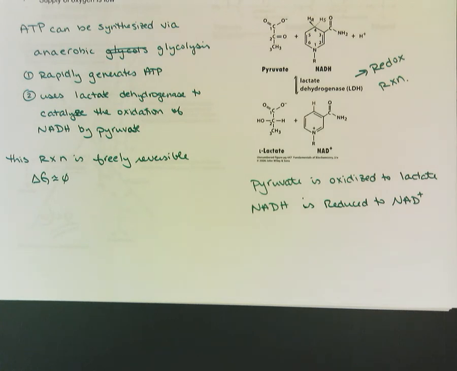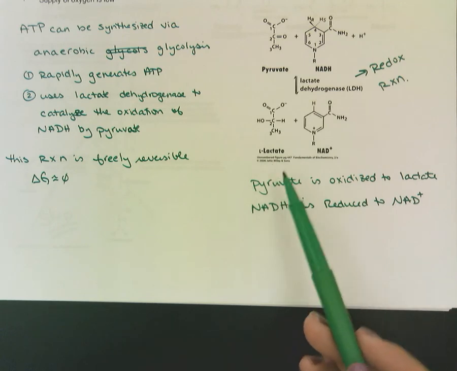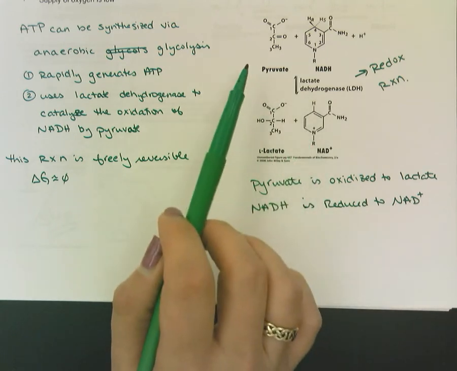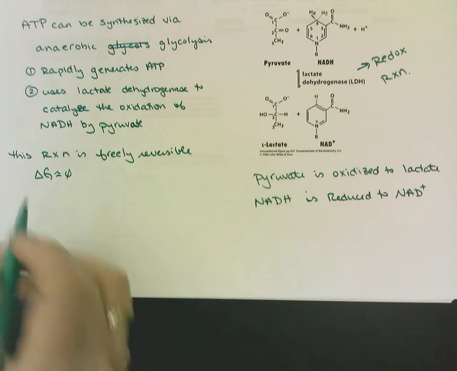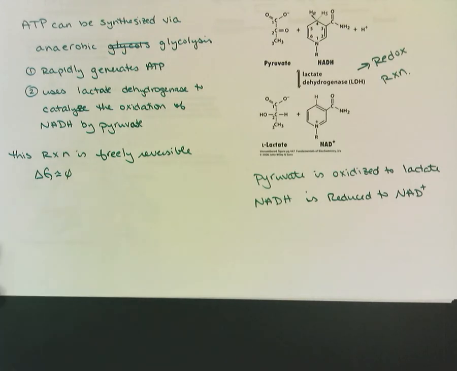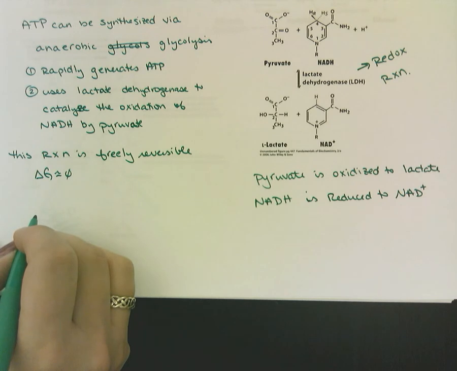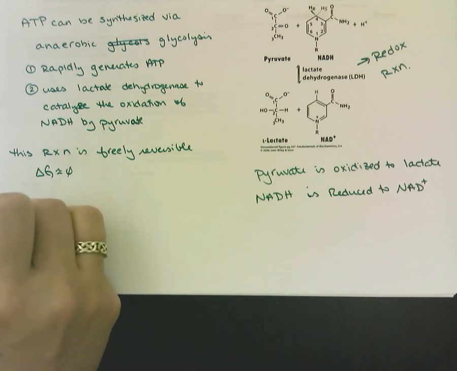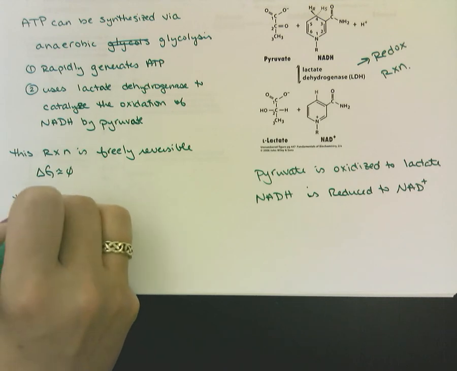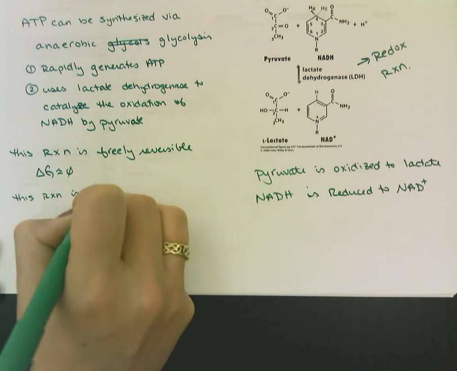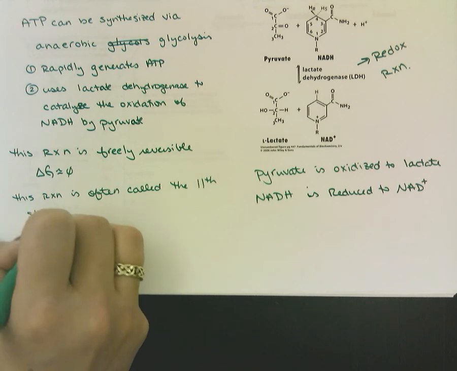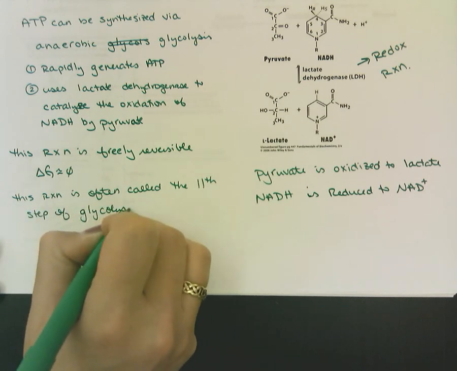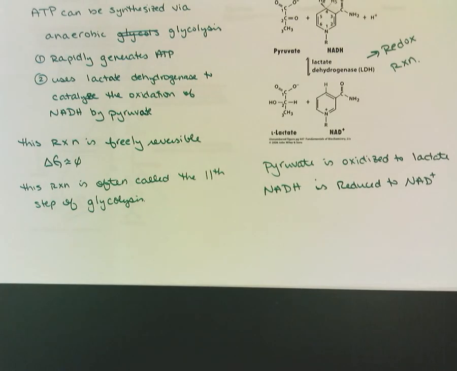That I can make lactate, but when I need more pyruvate, it is easy to convert back to pyruvate to send it down one of my other pathways.